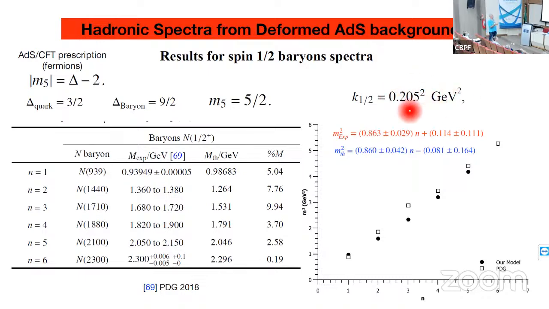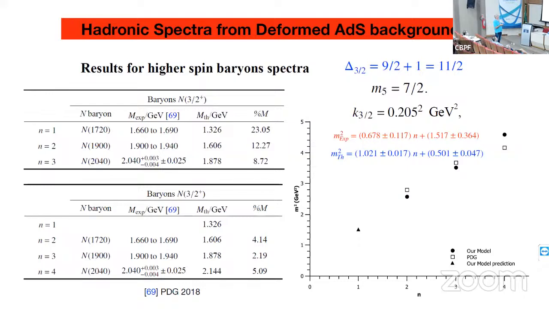This is adjusted to give a better fit of these masses. So we see that we have a reasonable trajectory here. The errors are not very high. Okay. So these are for baryons of spin 1/2 compared with PDG.